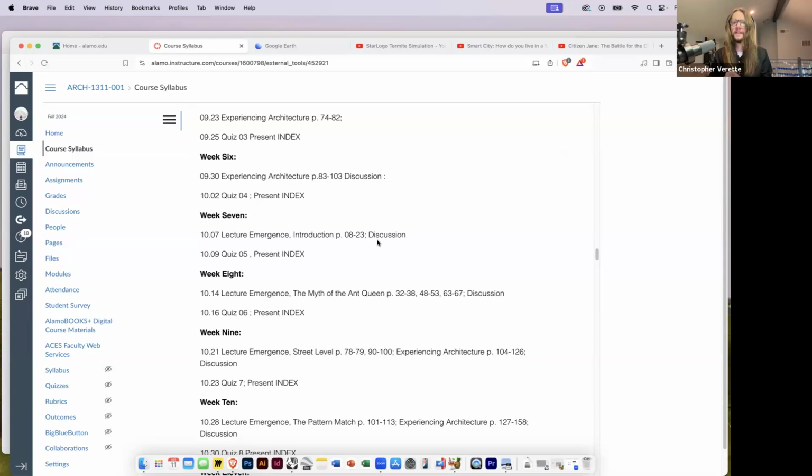Now, maybe I mentioned this in last class. I'm not sure if I did or didn't, but there's a difference between pseudoscience and science, right? Of course, we can look it up ourselves, but pseudoscience is information not based on evidence. So in terms of Jane Jacobs, she's technically pseudoscience.